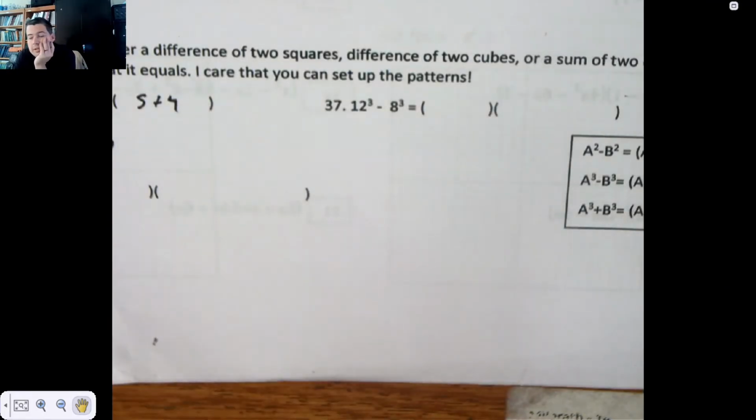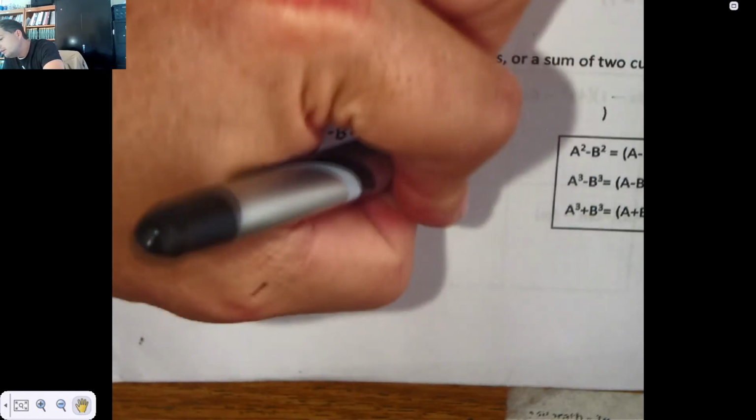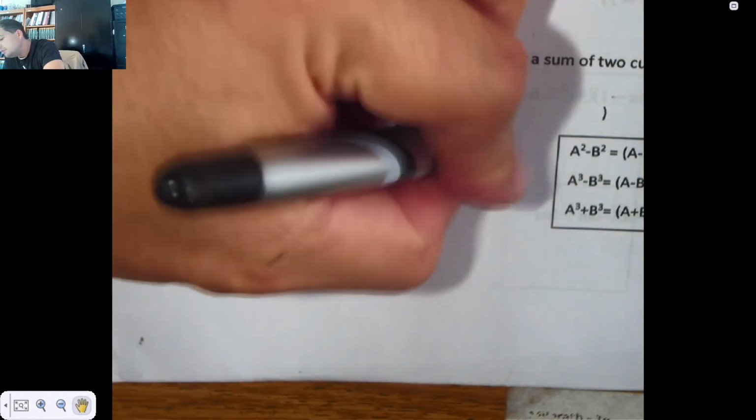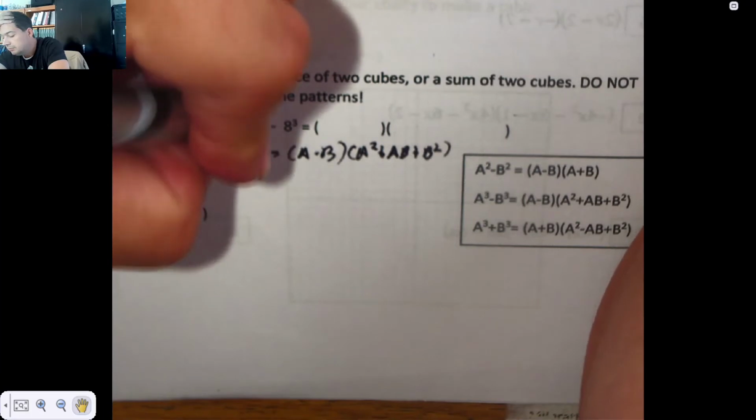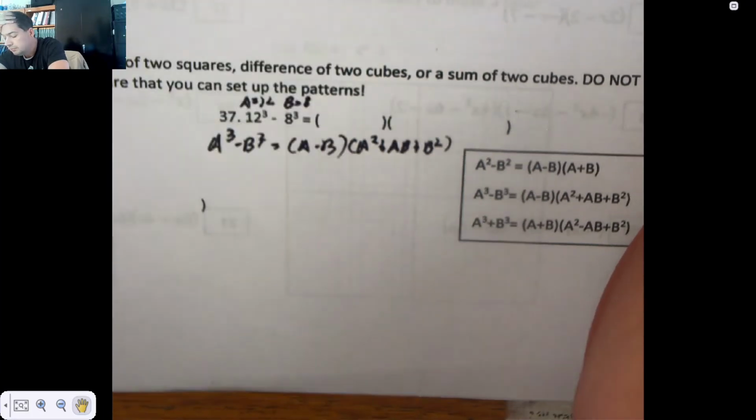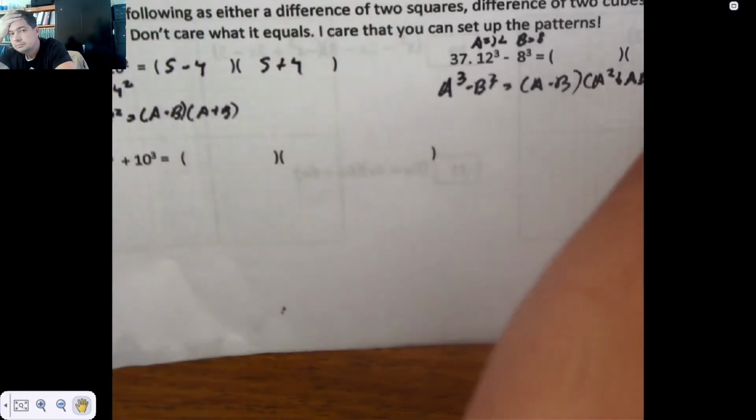37, 12 cubed minus 8 cubed. That is a cubed minus b cubed, and it is equal to a minus b times a squared plus ab plus b squared. Just plug in and go. This is going to be a is 12 and b is 8. Oh, man, I'm an idiot.